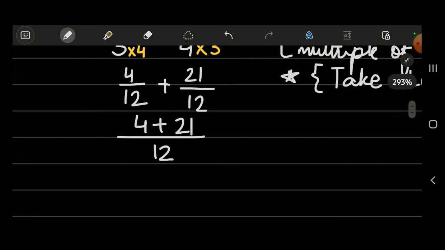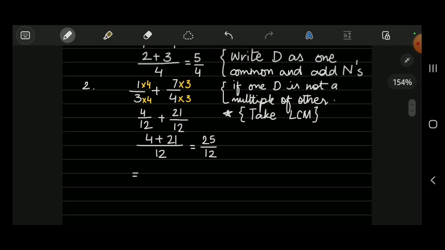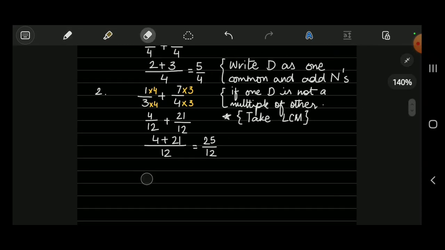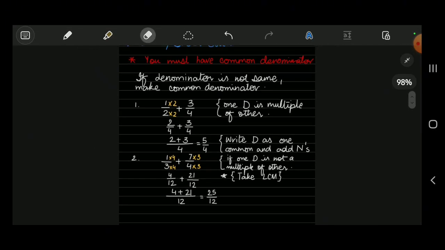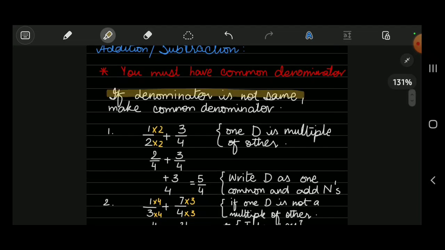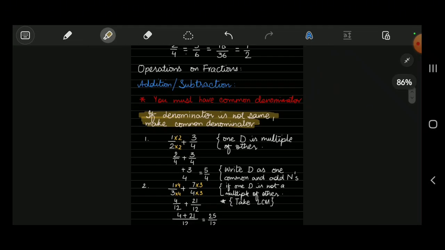Now you will be getting 25/12. This is how we do it: if the denominator is not the same, make a common denominator. This is how we do fraction addition or subtraction.